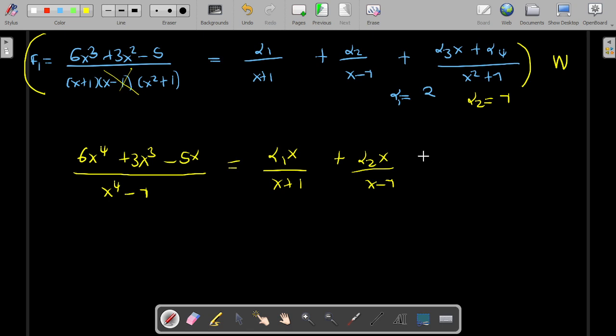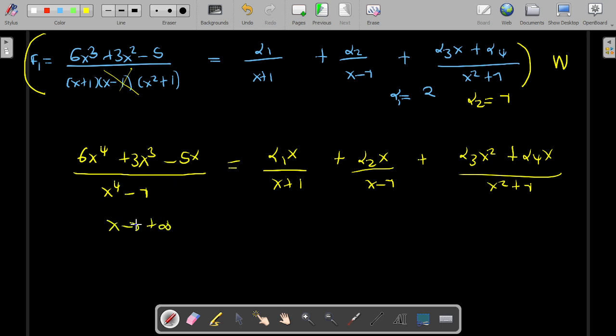Now this is going to be plus alpha 3 x squared, and then plus alpha 4x, divided by x squared plus 1. Here we've multiplied by x, right? Then we're going to take the limit as x goes to infinity. So we're going to take x to infinity here.